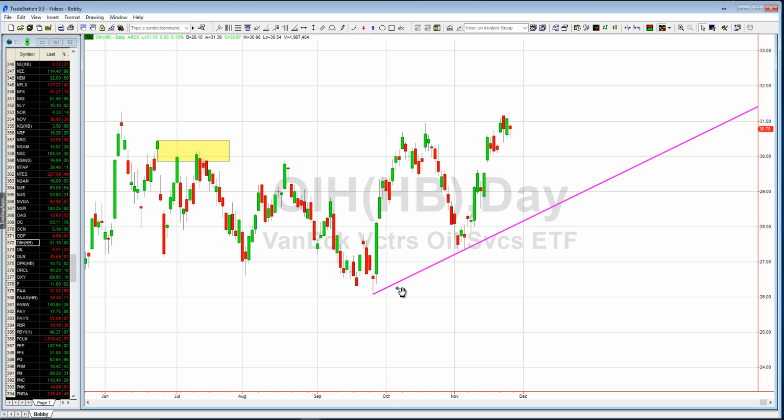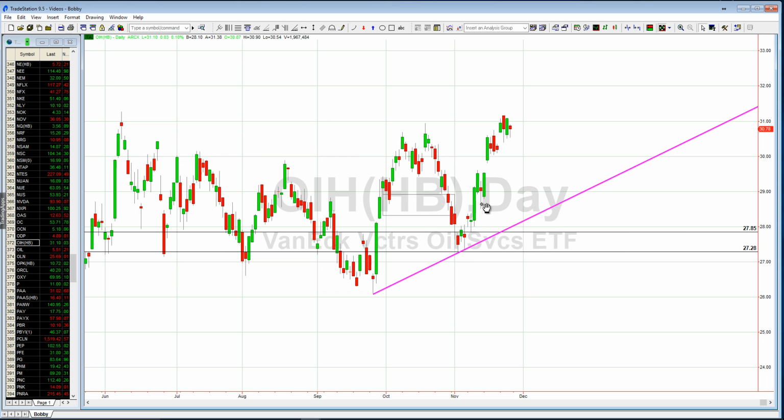And it's the same thing with this current one that we have. Okay, when price breaks through, we've got a demand zone right here. I'm just going to move this one over.